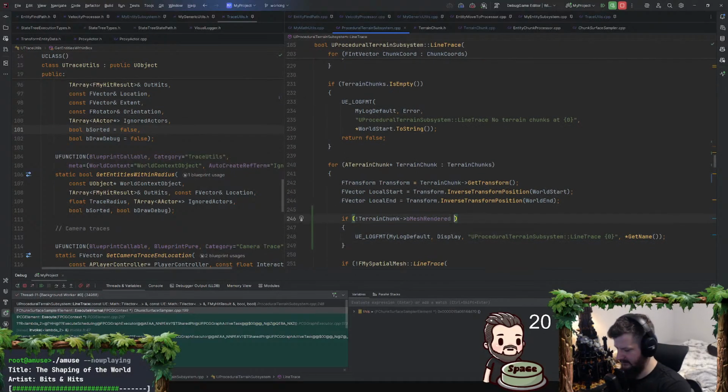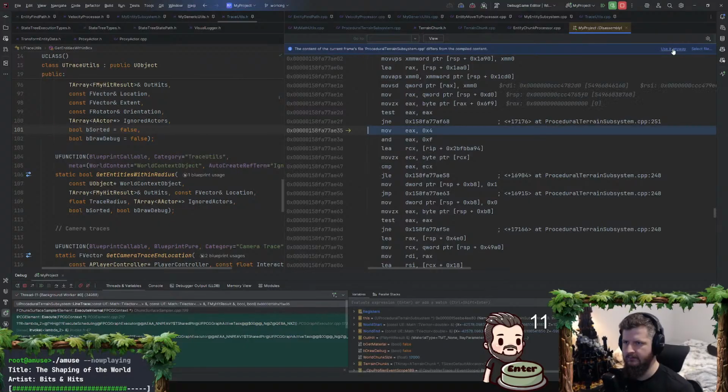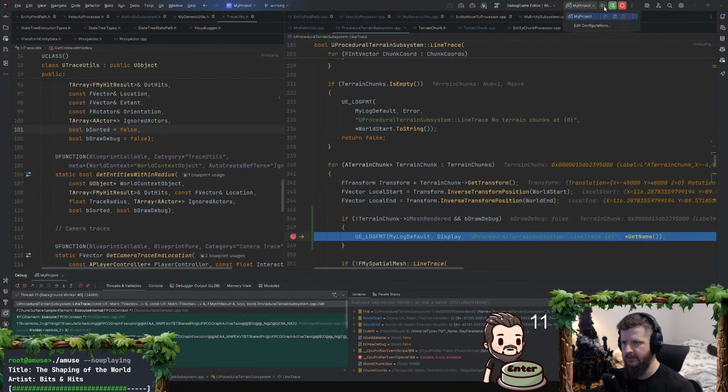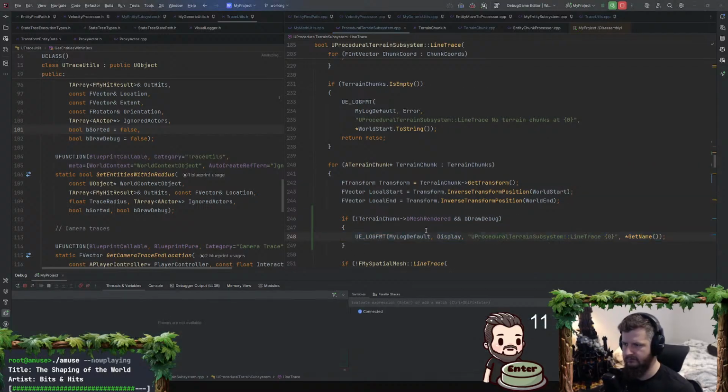And draw debug. I don't think I'm drawing debug on the other one, so maybe that'll work. Use it anyway and skip. Skip, skip, skip, skip, skip. Oh, it's gonna happen a lot. Okay, put it back.